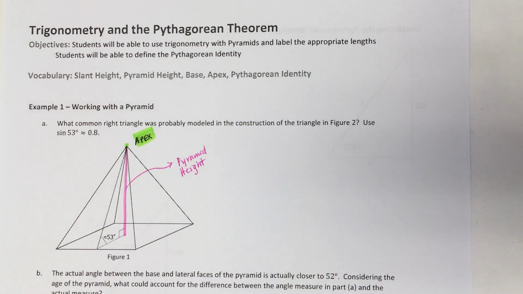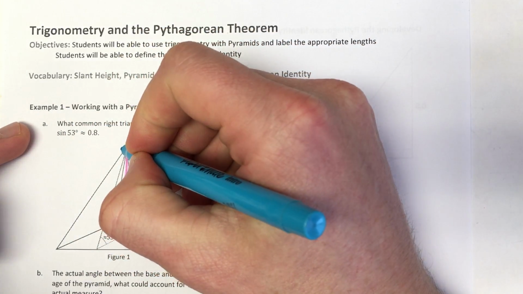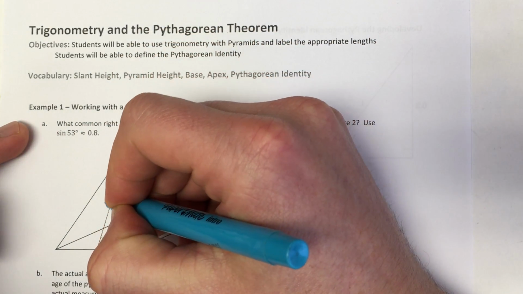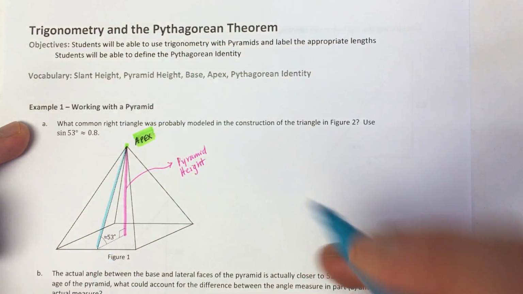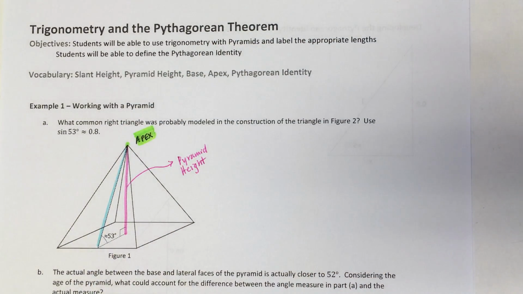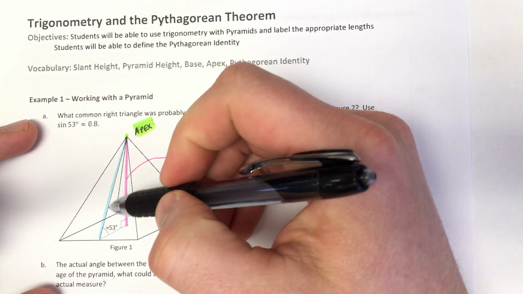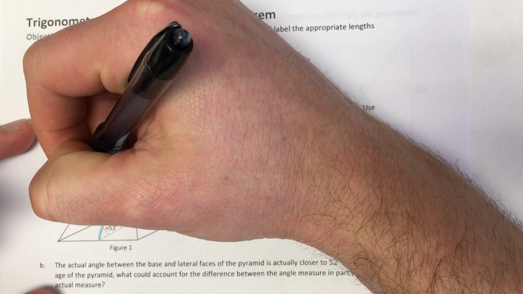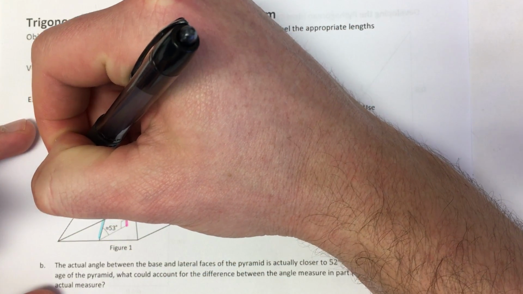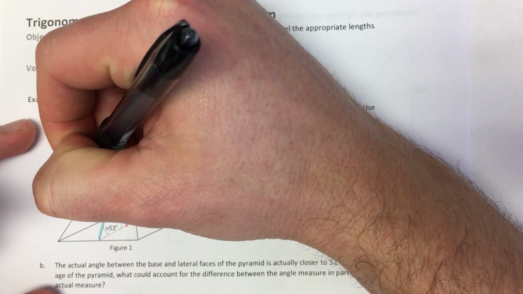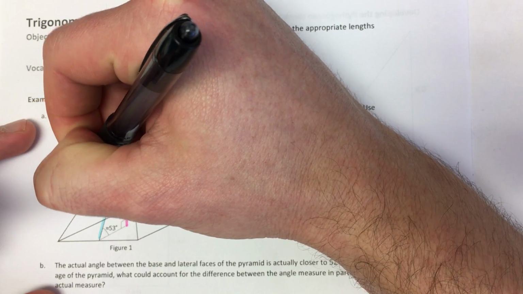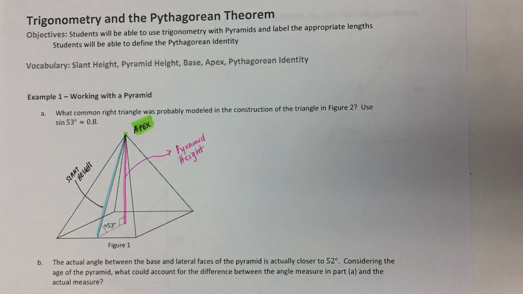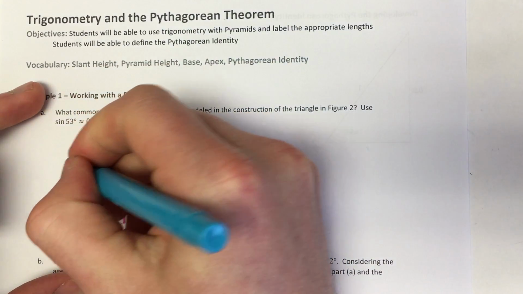The next important piece of information is the slant height. Okay, and so the slant height goes along the face of the pyramid, and so this is the slant height. Highlight that in blue for you.